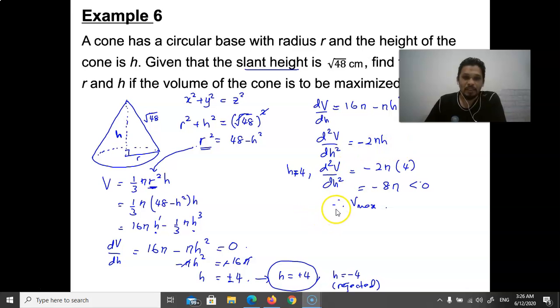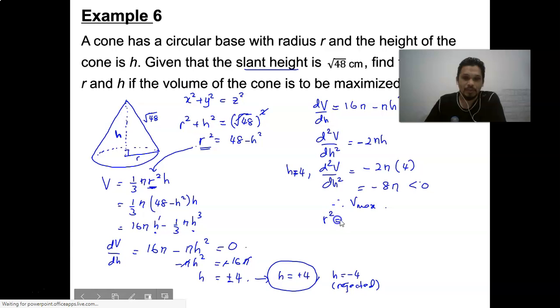Then let's find out now what is the value of r when h equal to 4. Here now r squared equal to 48 minus h squared, which is 4 squared, so 48 minus 16 equal to 32.